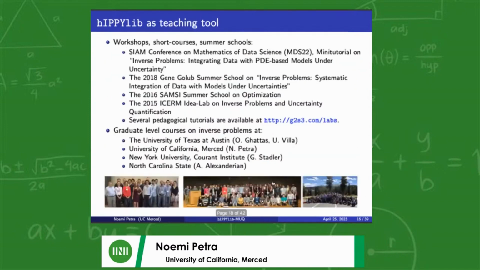So, as I mentioned, we use hIPPYlib also heavily as a teaching tool, and there are so many workshops and summer schools and mini tutorials that we try to help with. I would just like to mention the last one at the SIAM Conference on Mathematics of Data Science. We have a mini tutorial on inverse problems.